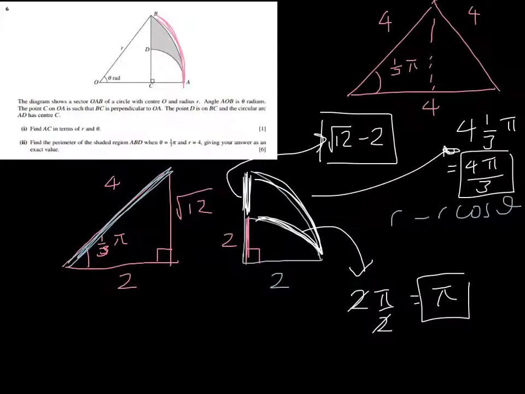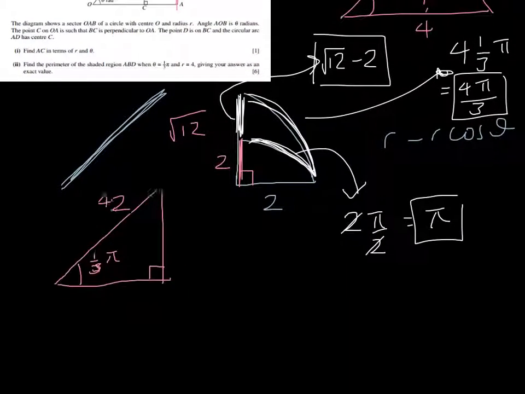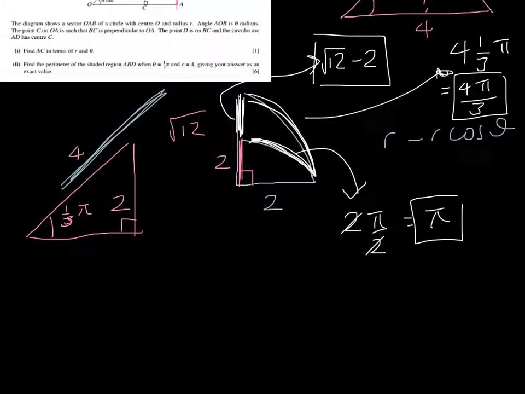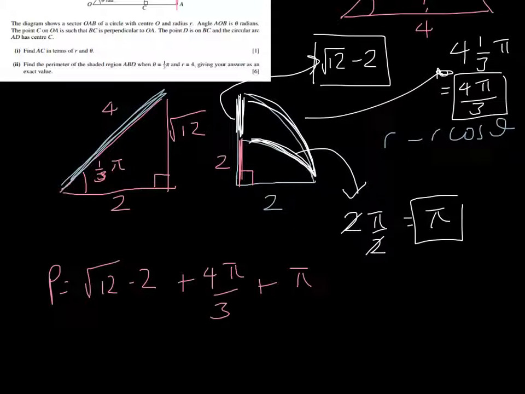So if we add those all up together, let's move that for a second. Then what we get is the total perimeter equals root of 12 minus 2 plus 4 pi over 3 plus pi. And we should really do a bit of tidying up at this stage.